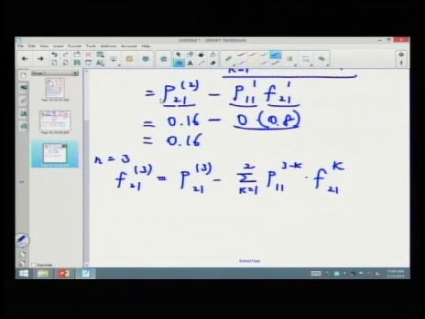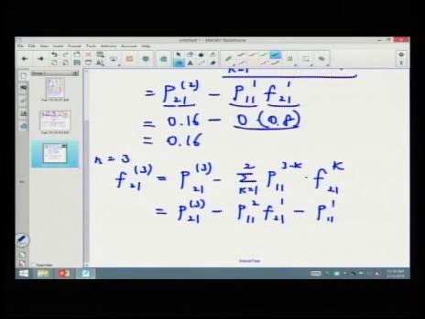Is that right? So this is exactly same as p sub 21 to third power minus, now at the moment k takes two different values. It's 1 and 2, right? So it's got to be p sub 1, 1 square f sub 2, 1, 1 minus p sub 1, 1, 1 f sub 2, 1, 2. Is that right?